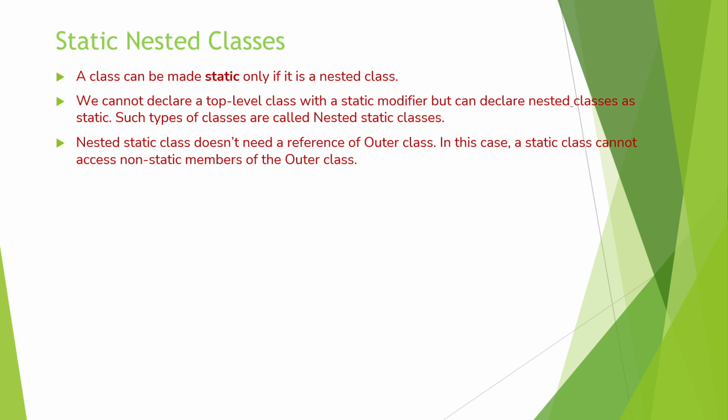Whenever we need to call a nested class, we don't need to create an object of the outer class; we can access the nested class directly. In this case, a static class cannot access non-static members of the outer class. So the outer class's non-static variables or members cannot be accessed in the static nested class. These are the main important things we need to discuss about static.